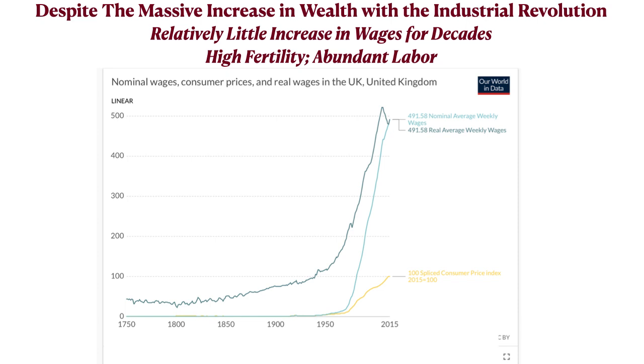You can actually see it dropping from 1750 down to 1800 when the Industrial Revolution is just starting, and then increasing a bit up to 1900, but not that much. It doesn't really take off till the mid-20th century. So the wealth being generated by the Industrial Revolution was going to the middle class, upper class, and not much to the working class. Some, but not that much.